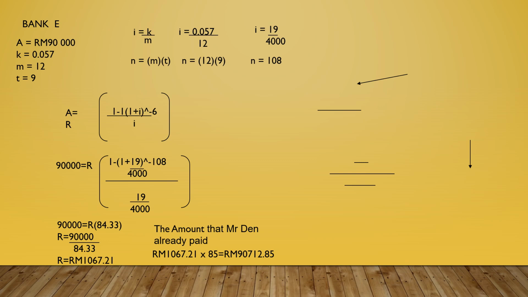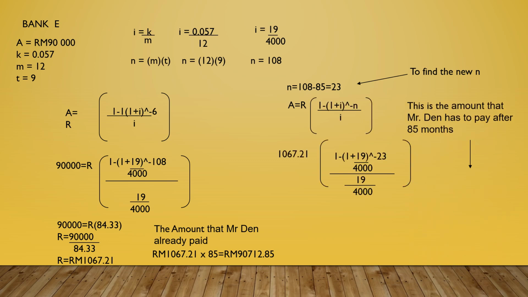So we want to know how much is left that Mr. Dan needs to pay. We need to find the new N. We take the old N and minus 85, so we got the new number of periods about 23. Again, we want to find the present value. We use the same formula again, we key in the info, and then we got the amount that Mr. Dan needs to pay after 85 months.